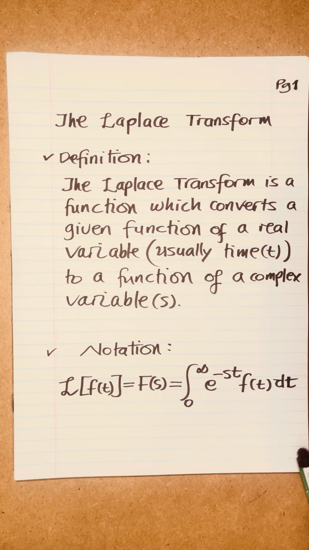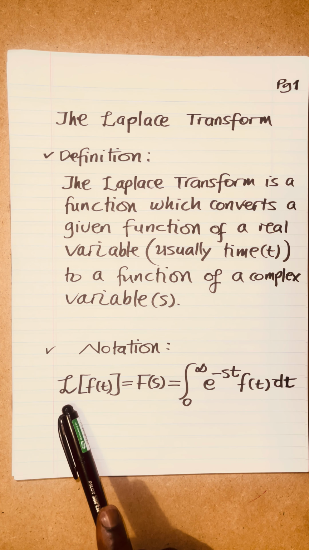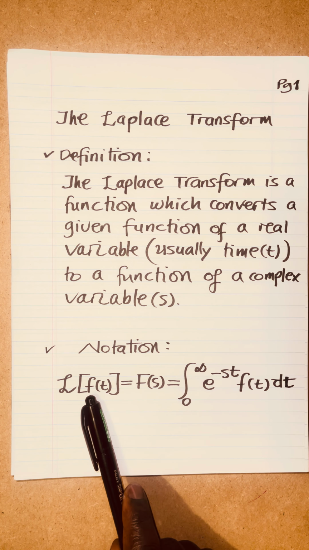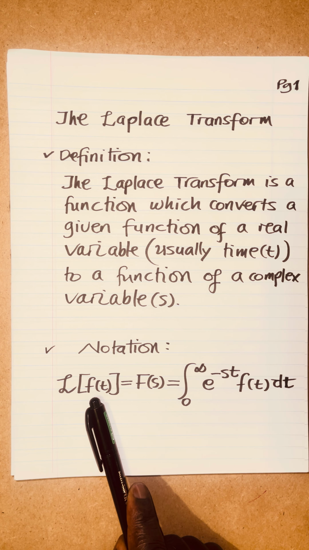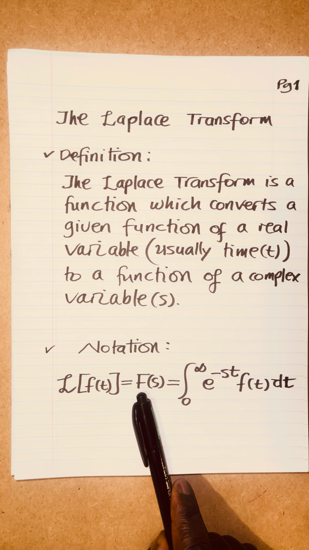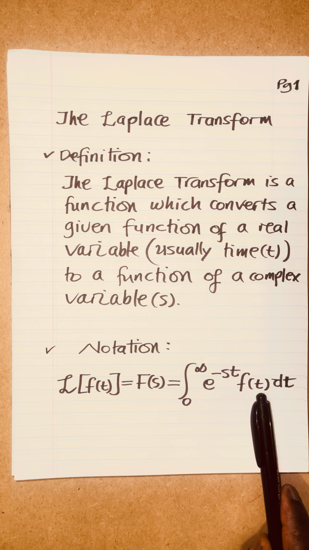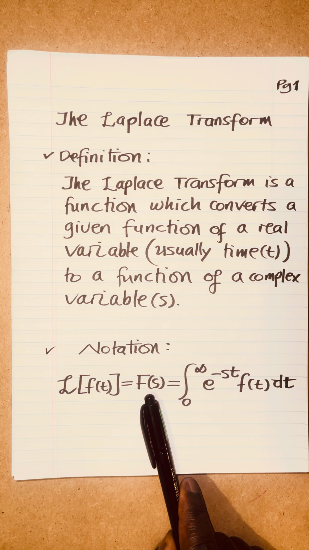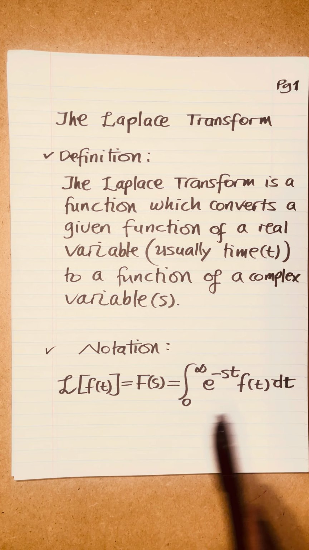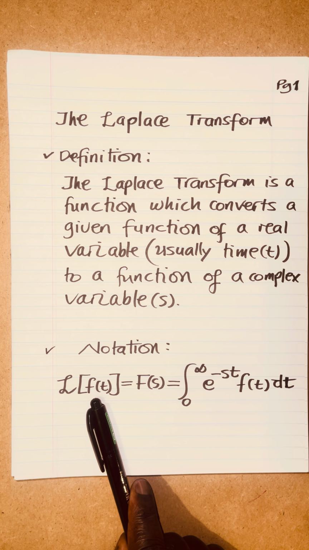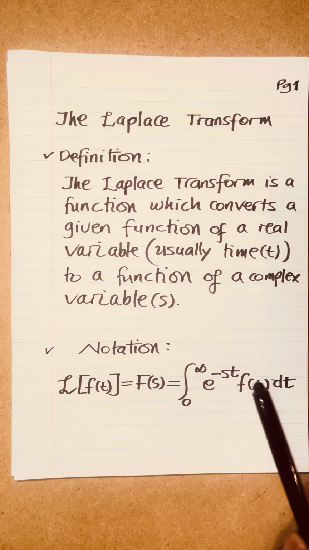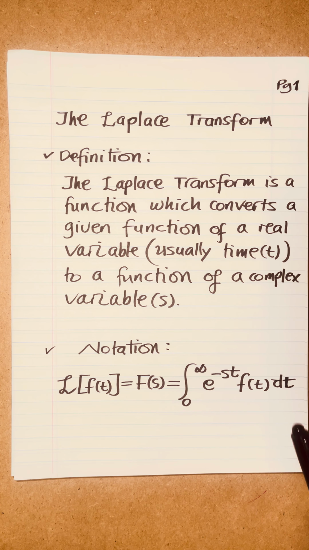But let's look at the notation. So we are using curly L as the Laplace transform operator, basically saying that we have a function of time as the input, and then by using this definition here, we're able to convert a function of time into a function of a complex variable S, basically saying that the Laplace transform of the function f of t is the integral from 0 up to infinity of e to the power minus st times f of t dt.